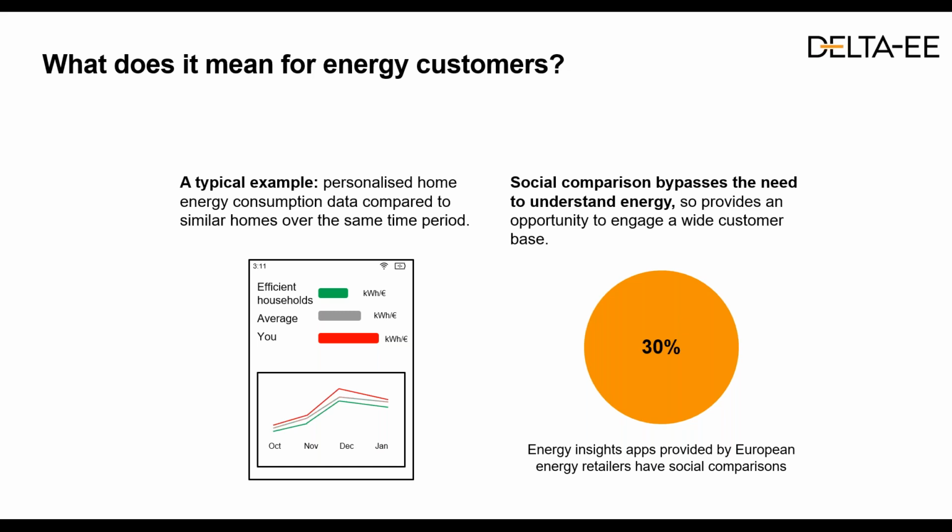They just need to understand their position in society, comparing themselves with their peers. And therefore, this provides a very good opportunity to engage mainstream customers, even if they have lower interest in their energy consumption. And it has become a very common feature for energy insight services today.